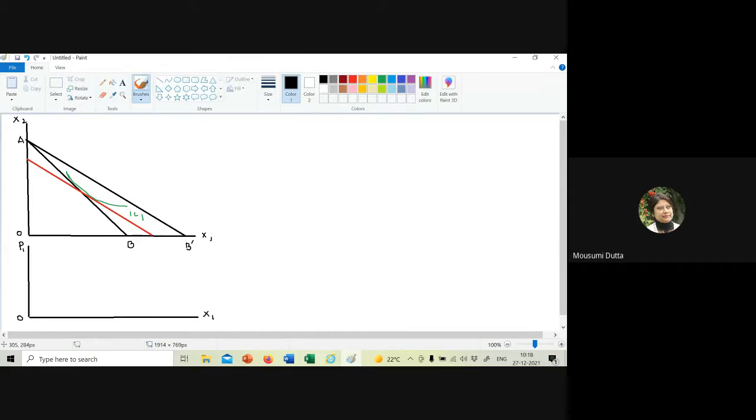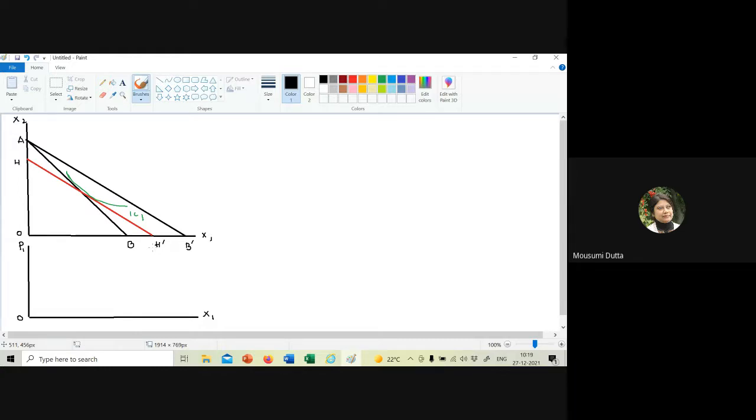So the budget line is becoming a flatter budget line AB prime. And then we are first considering the Hicks compensated budget line HH prime. The initial indifference curve IC1 is touching both AB and HH prime.